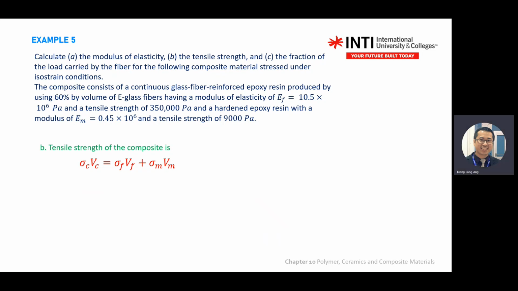For volume, you read the question: fiber is 60%, change to 0.6, so Vm will be 0.4 automatically. The sigma of the matrix, the plastic, is also given in the question. I think the only careless mistake here is maybe you forget what VC is. VC is 1, just write 1 in the bracket. Then you just substitute all the values and you should get the answer. Quite direct, this composite question. It's very direct.